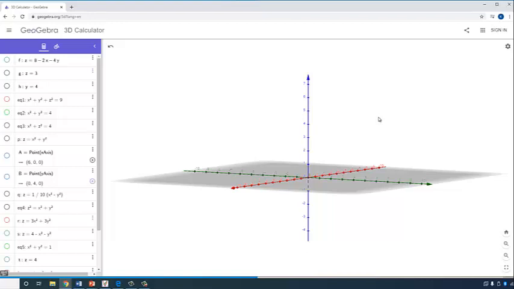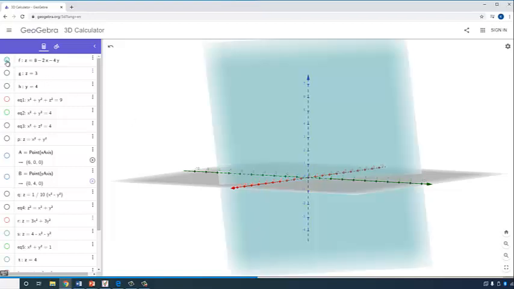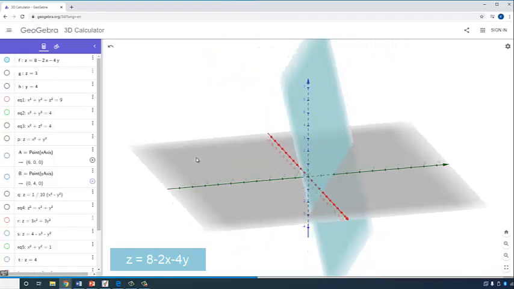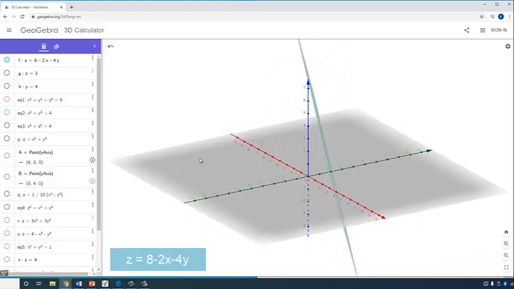And so I want to run through some of the ones we've talked about already, starting with our planes. So recall we started with the plane z equals 8 minus 2x minus 4y. And I'm going to move the picture around a little bit here. All right, so here now we can see the intersection of this plane along the x-axis.